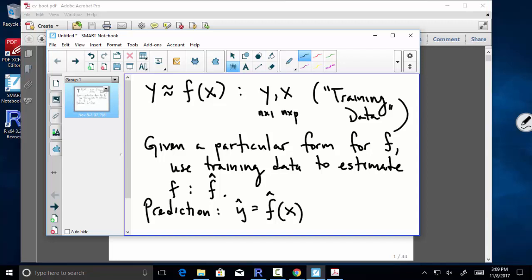Given that there's lots of different choices for f, many different models, and for each model there's many different flavors of that model. For just about any predictive model, there's always at least one parameter that we can tune, to tweak it to make it as accurate as possible on our training data.